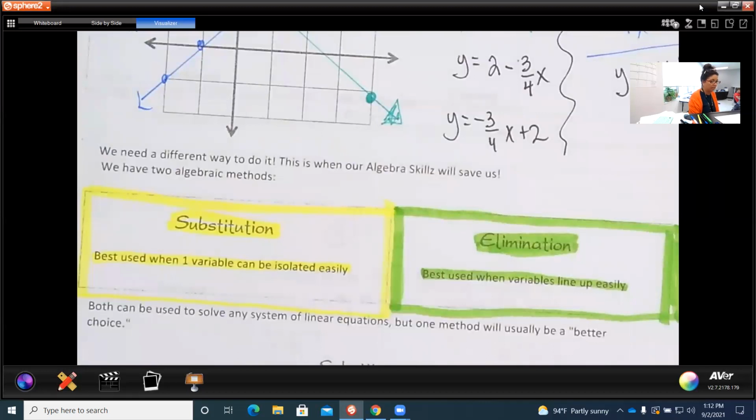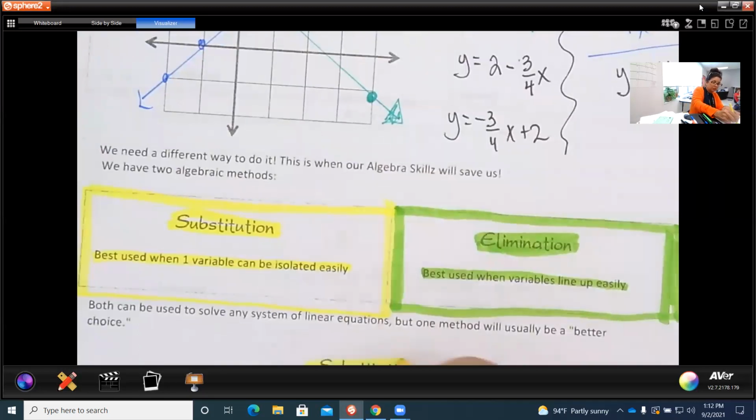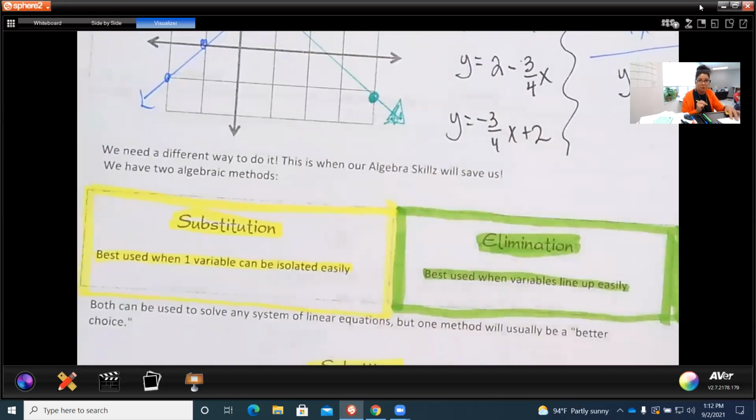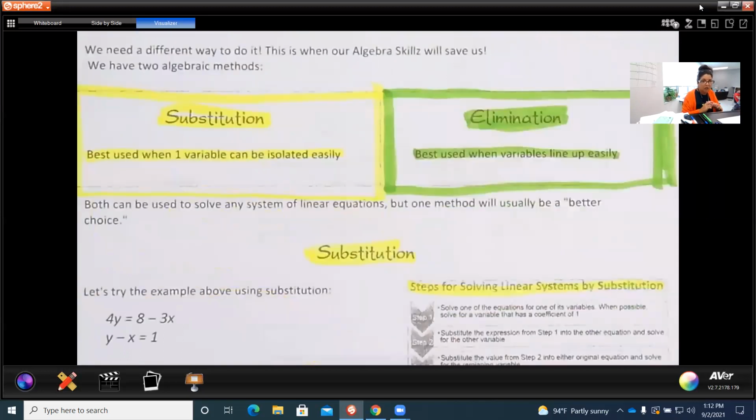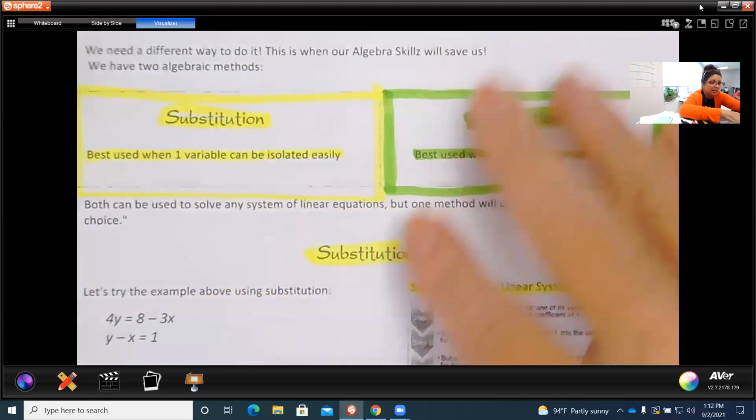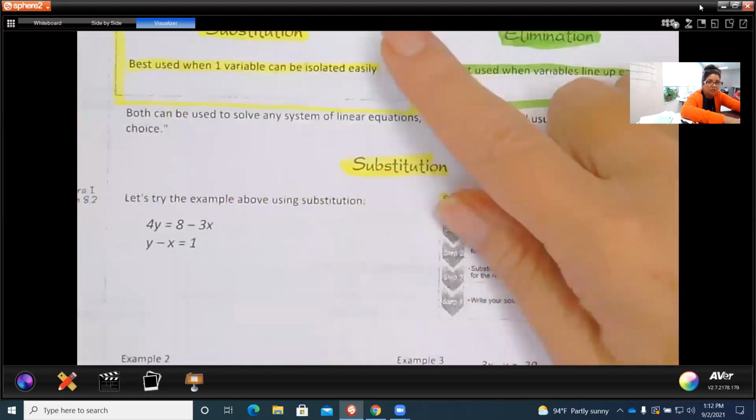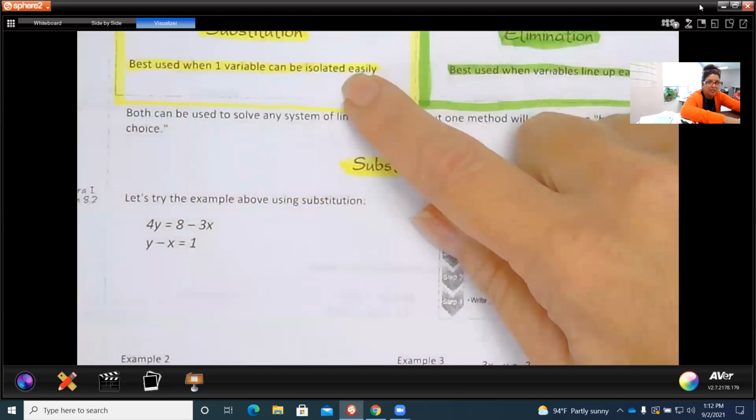Okay. So we're going to start with substitution. And it gives you the steps already typed out. That's pretty cool. Let's try the example above using substitution. It said substitution is best used when one variable can be isolated easily.